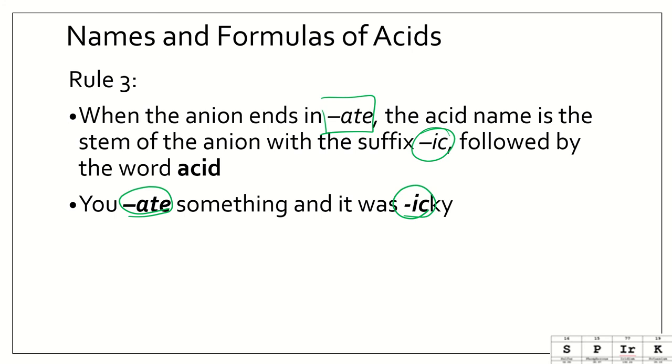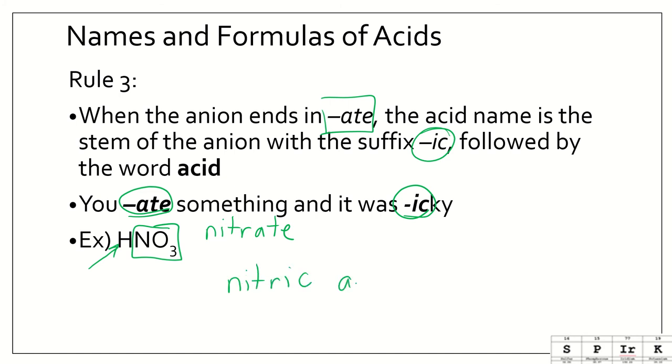So HNO3, again, we see that we have a hydrogen out front, so that tells us this is an acid. And then we look at our anion here, and again, we should know that NO3 is nitrate. So ate goes to ic. This is nitric acid. Nitric acid.